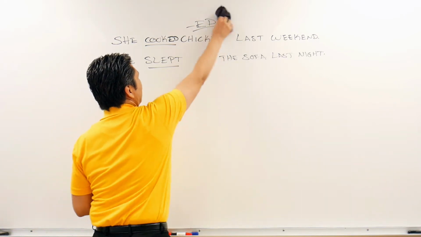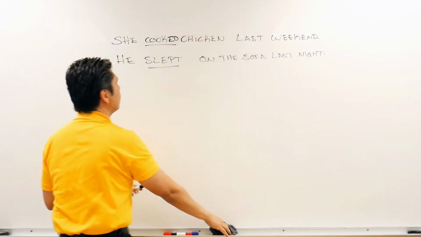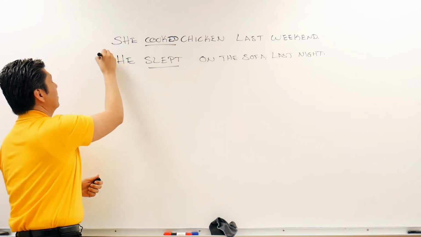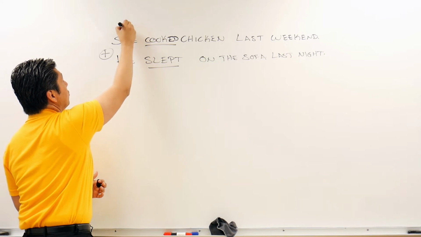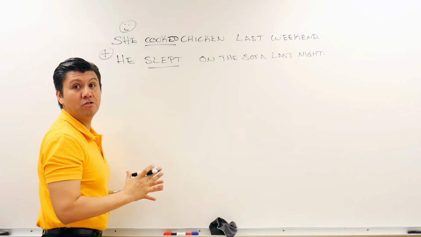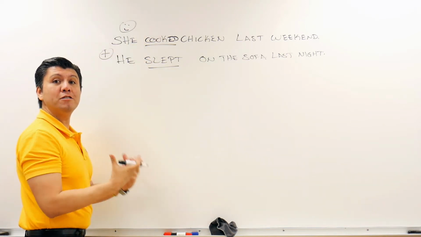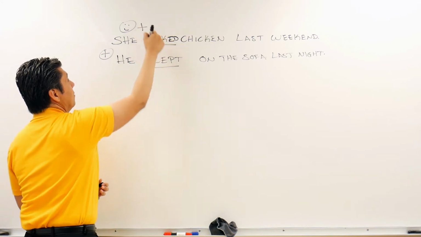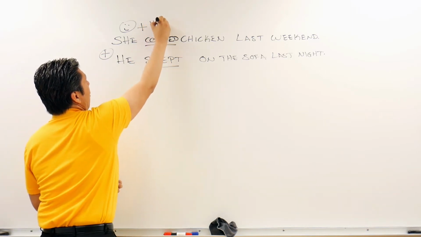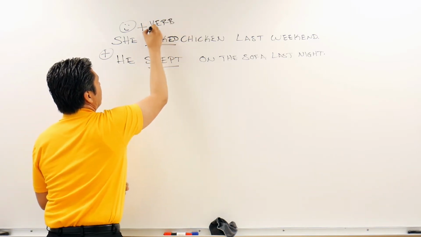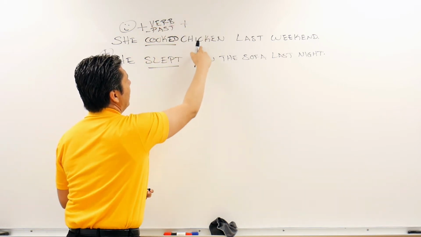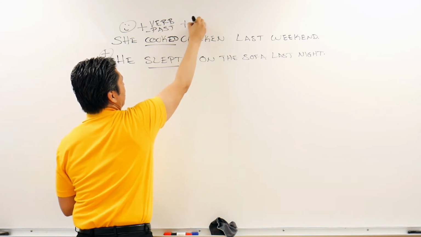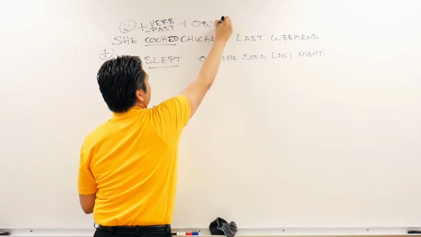So let's see the formula for these two expressions that are positive examples. He and she, those are the subject pronouns, the person who is making the action. Then I have the verb or action, and make sure that the verb or action is in past form. Then I have the object, who receives the action.